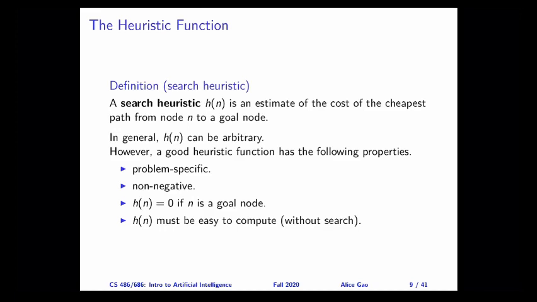In contrast, the heuristic function estimates our future. It takes a given state n and makes an educated guess about how far the state n is to any goal state. More formally, given any state n, the heuristic value of the state n is an estimate of the cost of the cheapest path from this state to any goal state.